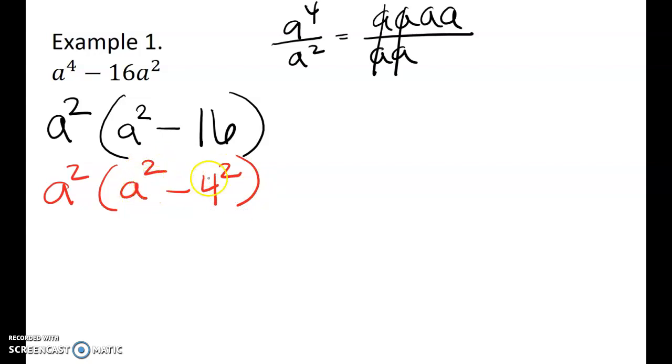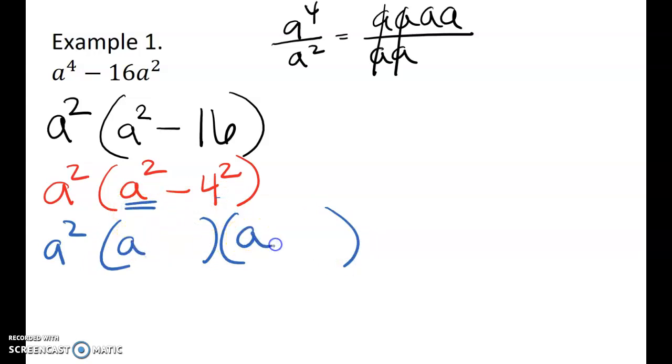If you think about it, this is a perfect square and this is a perfect square. Now, if we recall how to factor this, we would break it down as two binomials. What multiplies to a squared is a times a. What multiplies to 16, or 4 squared, would be 4 times 4. 4 times 4 would give me 4 squared, which is 16.